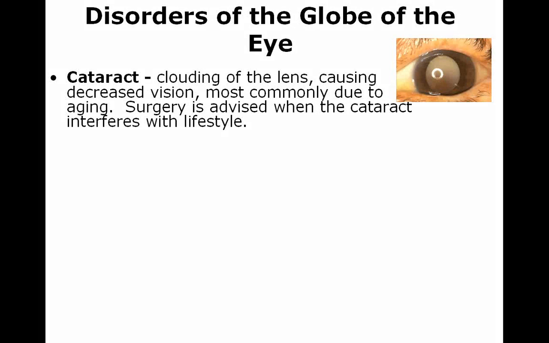A person can live with the cataracts, but when the cataracts start interfering with lifestyle, interfering with driving, for instance, then they may have surgery to have the lens removed. And they usually have an artificial lens implanted so that they can still have the benefit of having a lens in their eye. And they also have to wear glasses because they've lost that accommodation with the natural lens.